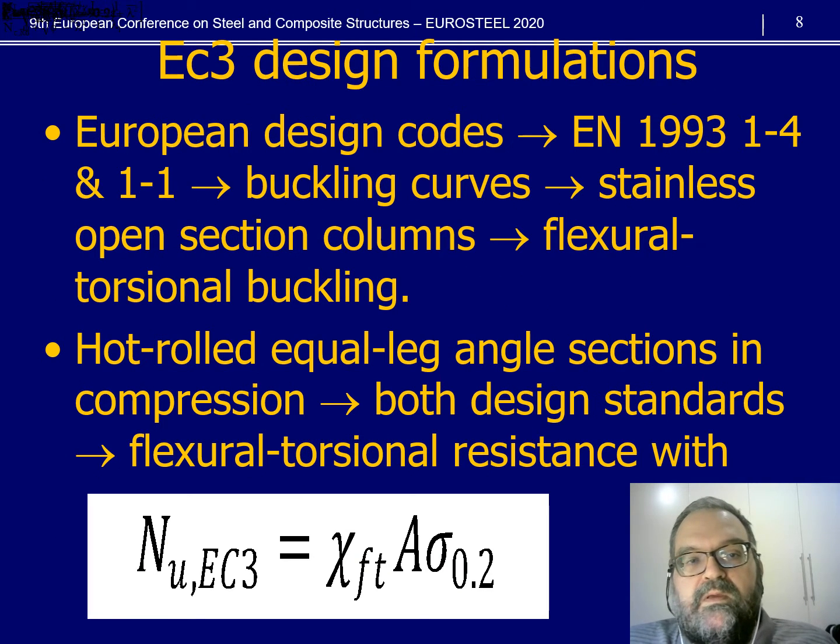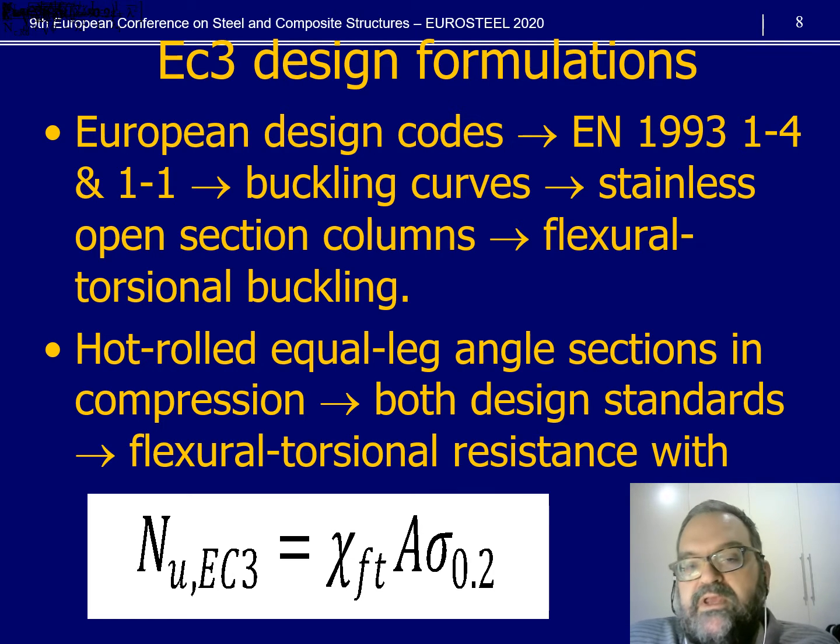The Eurocode 3 design formulations that will be assessed in this paper involve part 1.4 that is for stainless steel and part 1.1 that is for carbon steel. All these standards involve the use of buckling curves, especially for stainless open sections, and in this section we could also see the presence of the flexural-torsional buckling.